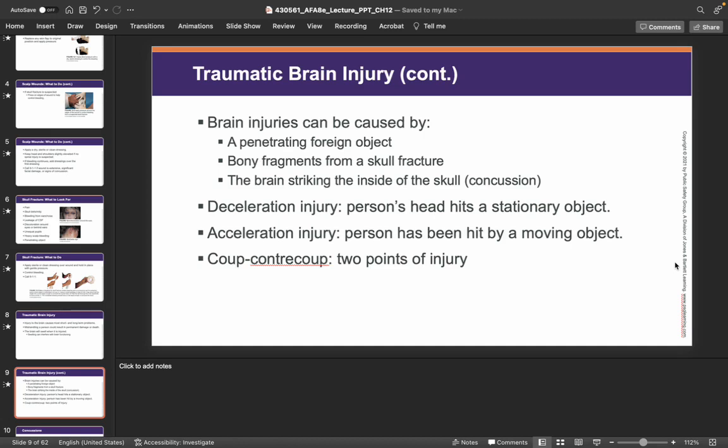I honestly am not 100% sure how to say that, but that's when there's 2 points of injury. There's an injury at the site of impact of something, as well as if somebody were to be hit by something and then hit their head on something else, there would be an injury where they got hit with the object, and then when their head contacted the immovable object, right? So there's 2 different points of injury.